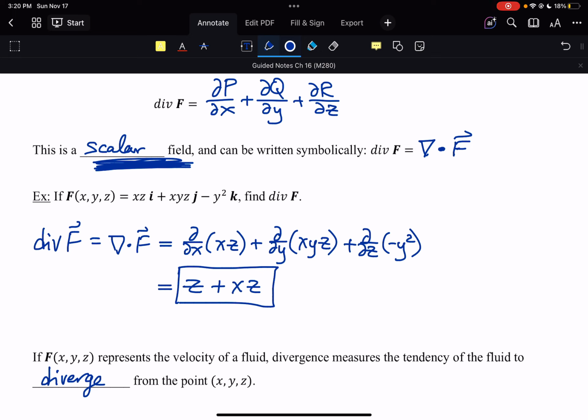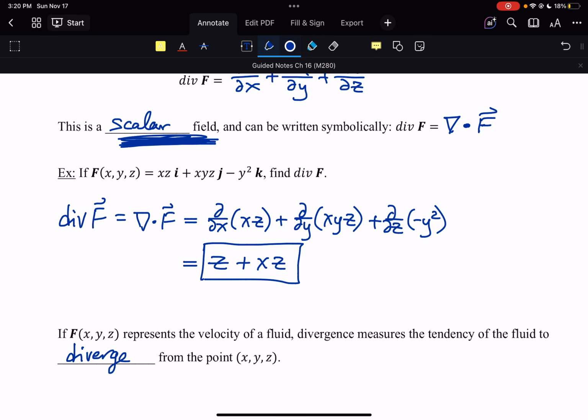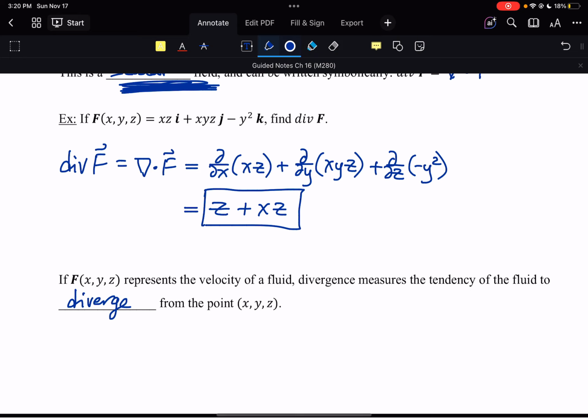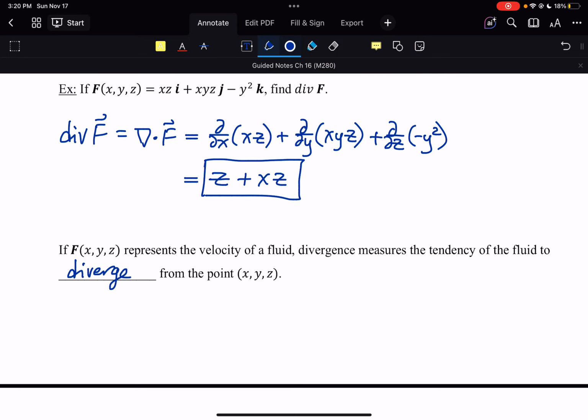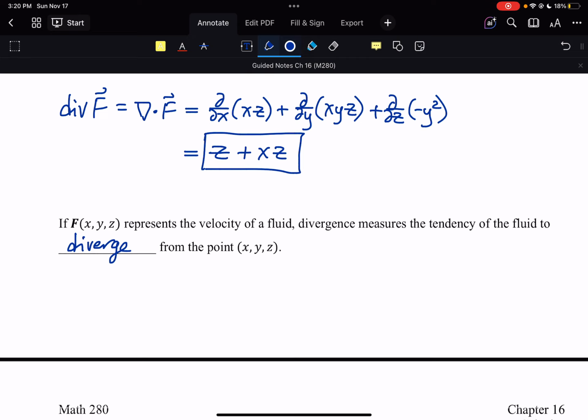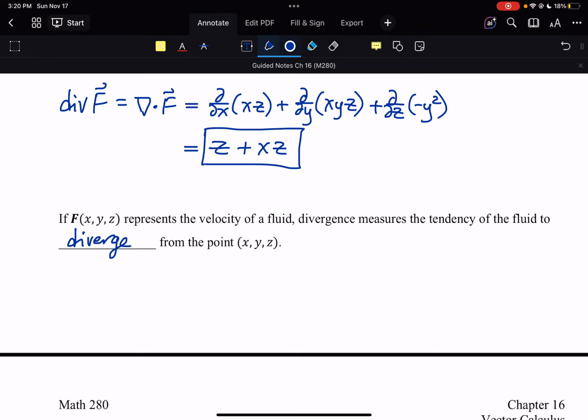How strongly does the fluid or the object want to get away from that point at any moment along the vector field? Divergence gives us the degree to which the current wants to move away from any given point. That numerical value is telling us the strength. If it has a really high value of divergence, it really wants to move away from that point. If it's a very low value of divergence, then it will typically want to stay.